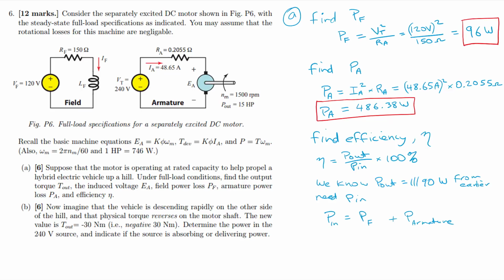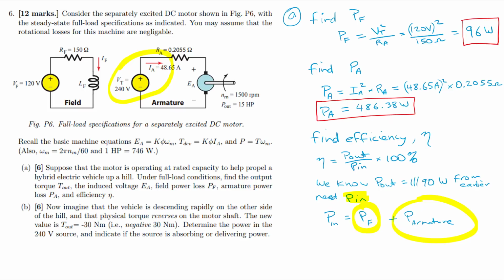So then we need to solve for the power in. What's the power in for an electric motor? Well, it's going to be the power of the field plus the power in the armature, which is basically the voltage times the current.